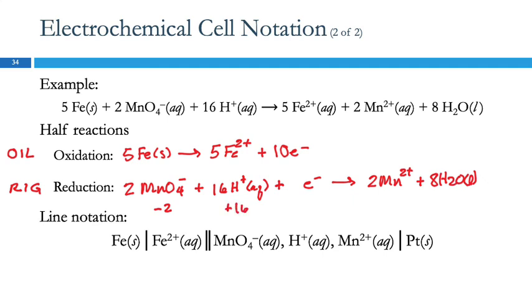And over here I have +4. So together what I have here is +14. So how many electrons do I need to bring this down to 4? 10. It's the same as the number of electrons on the other side.